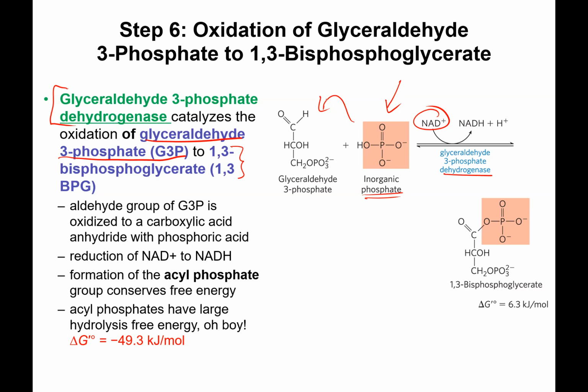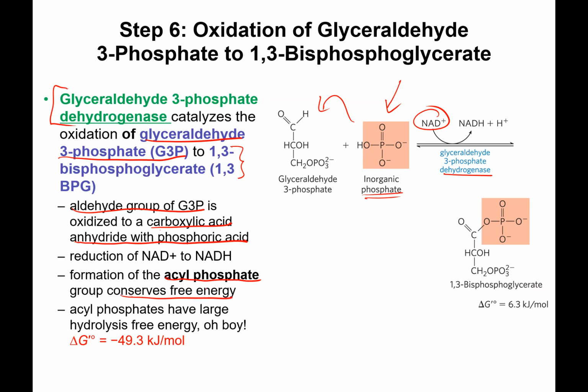How is this going to go forward? Well, we're going to oxidize the aldehyde group of G3P to a carboxylic acid that ultimately forms a phosphate anhydride. This acyl phosphate is an important intermediate because it conserves free energy.